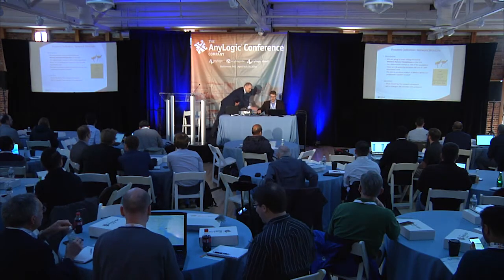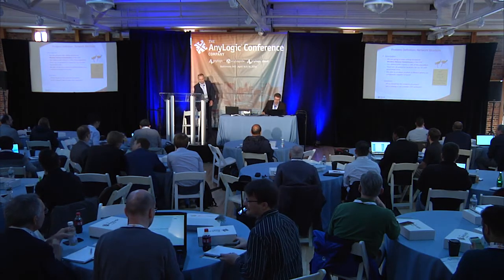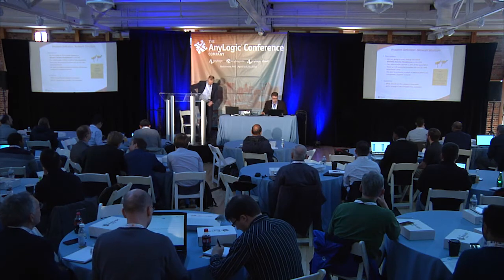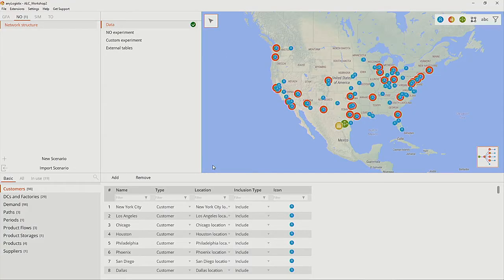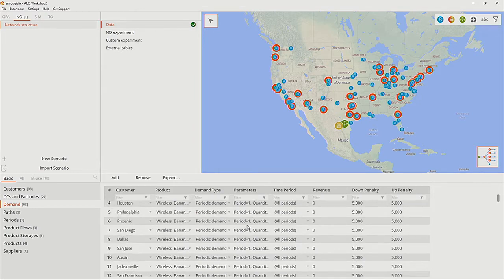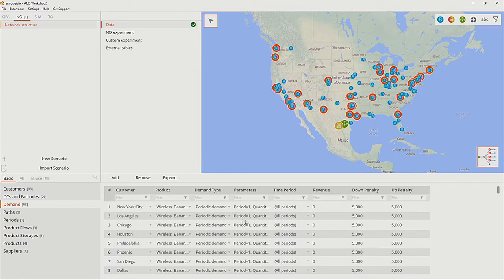Yes. Thank you, Timofey. So I will switch to AnyLogistics. Here is how it looks. We already have a pre-built scenario which contains all the data regarding demand of our customers, which, as Timofey said, corresponds to the population of US cities.